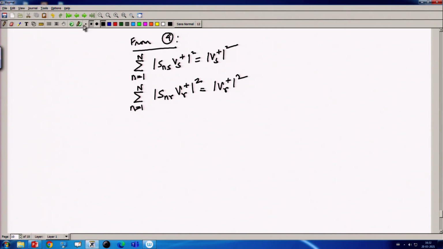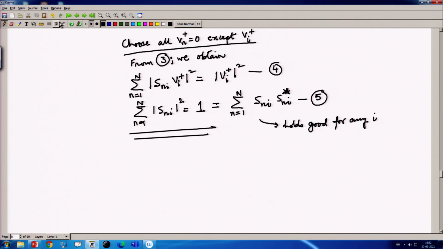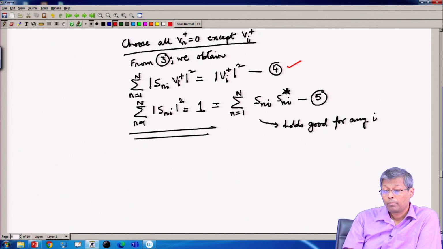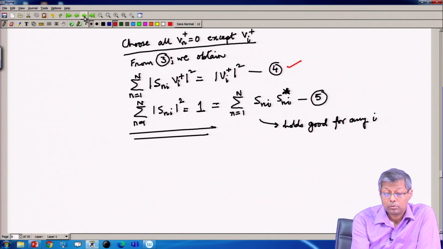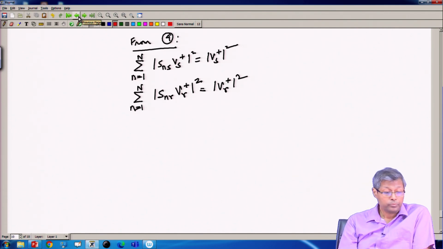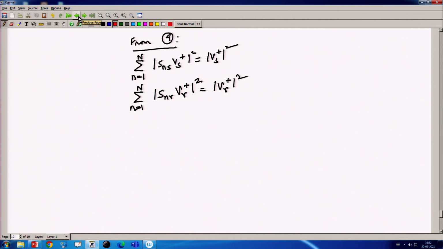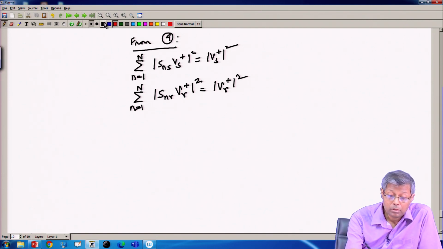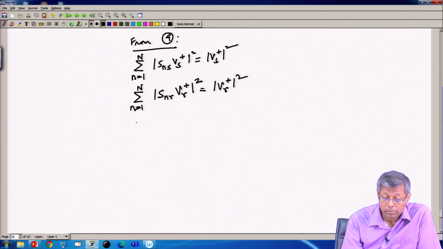Okay. So, let us go back to equation 4 from this equation. We can write these two quantities, and therefore now 6 leads to some cancellation.